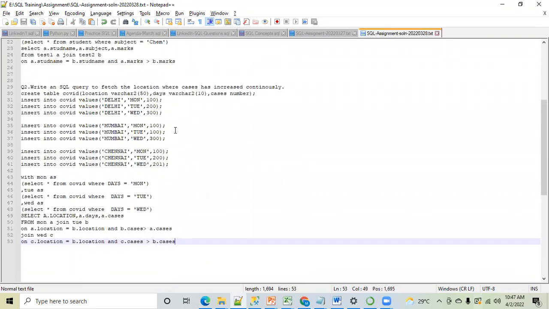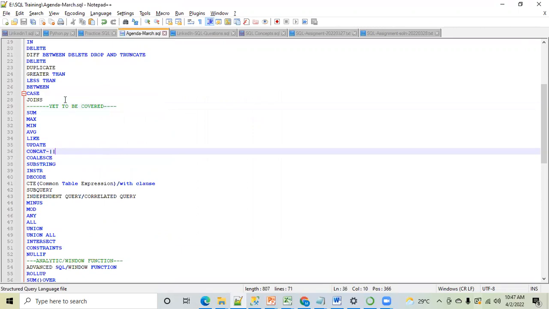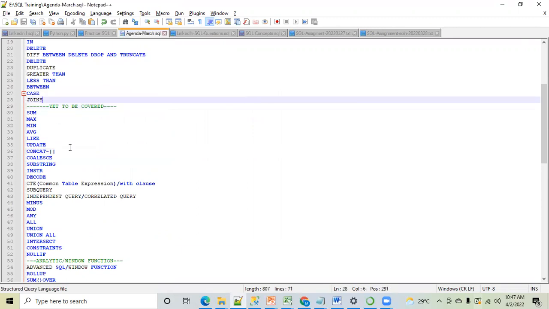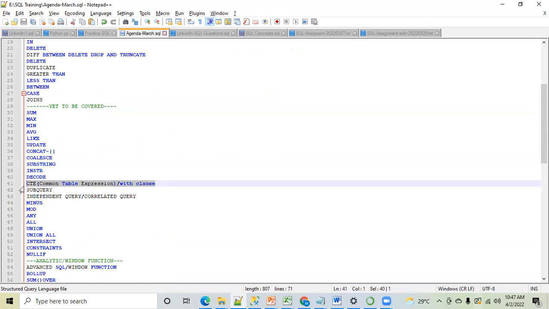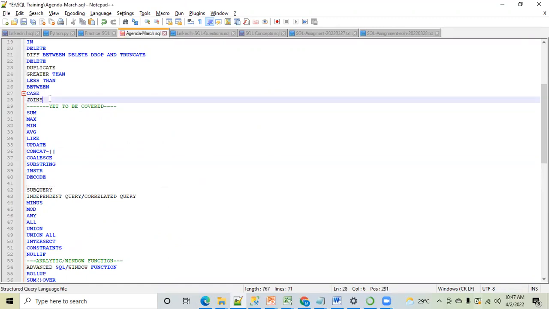Tomorrow I will start with the new topics. This is the agenda. Joins we will not discuss now, that is almost done. CTE is also almost done, but I know joins and CTE will come again and again.